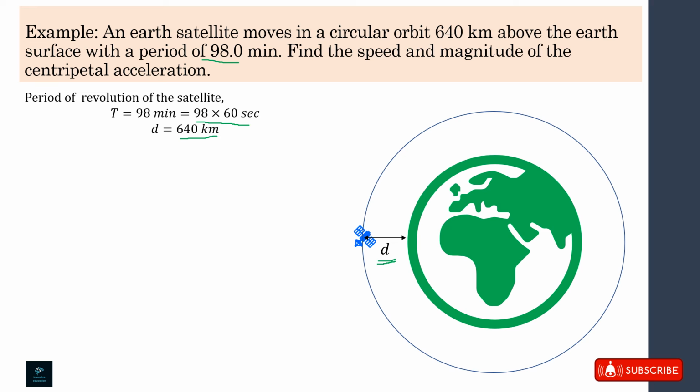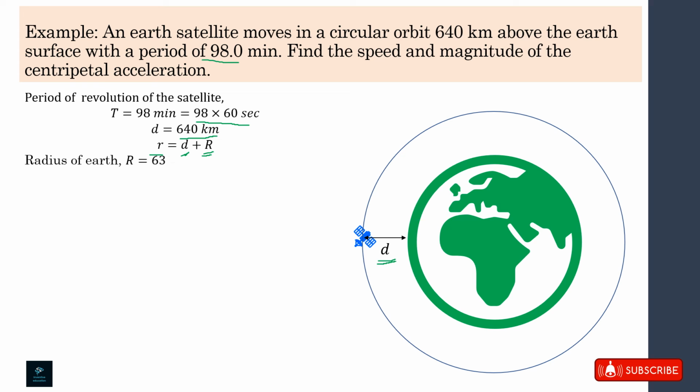To find the radius of the circular path, we need to know the radius of the Earth, and we have to add to the radius of the Earth the distance of the satellite from the Earth's surface. Therefore, r, the radius of the circular path, will be equal to d plus R, where R is the radius of the Earth.